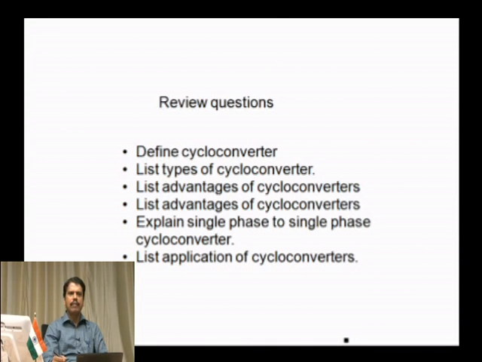And we have seen the advantages of a cycloconverter. The major advantage is single conversion. For step down converters, no commutation circuits are required, no force commutation, no additional commutation circuit. Whereas in step up, we need to commutate them by the force commutation method.